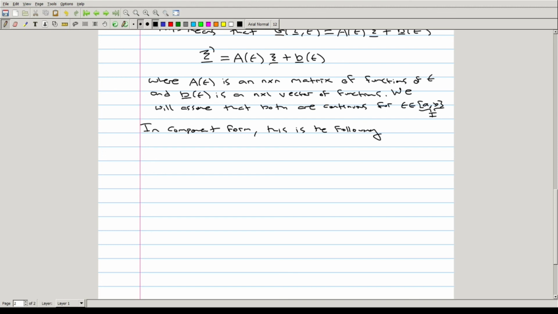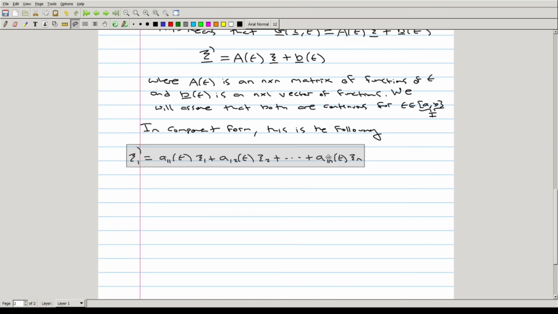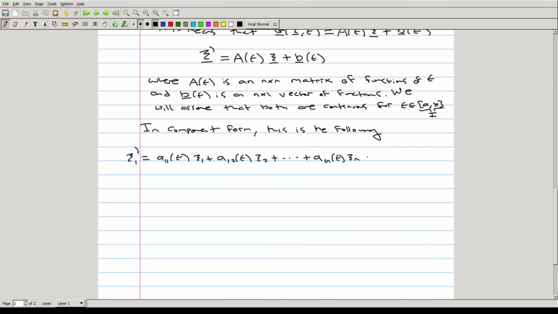Well, if you do this matrix multiplication out, add this b of t, you get that xi1 prime will be a11 of t, whatever that function is, times xi1 plus a12 of t times xi2 plus, and the sum all the way up to a1n of t times xi_n plus b1 of t.